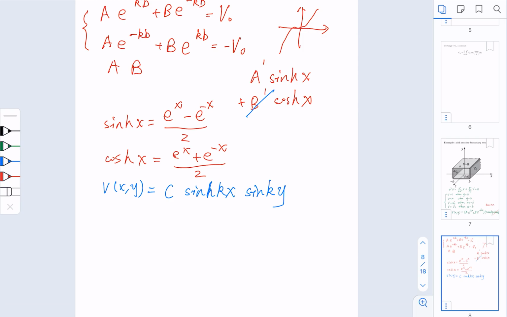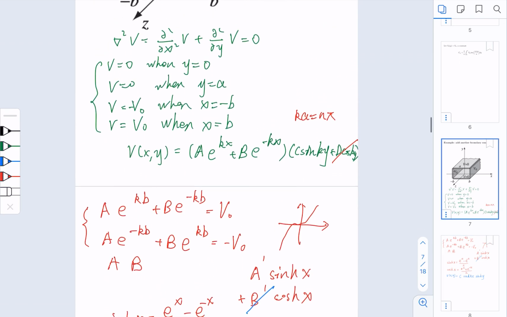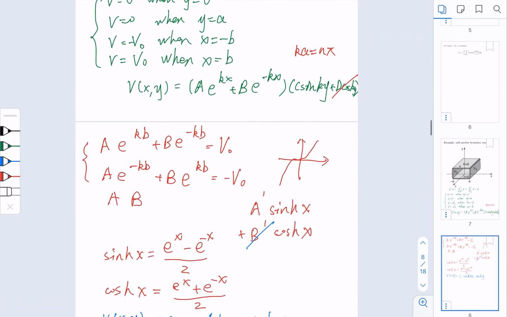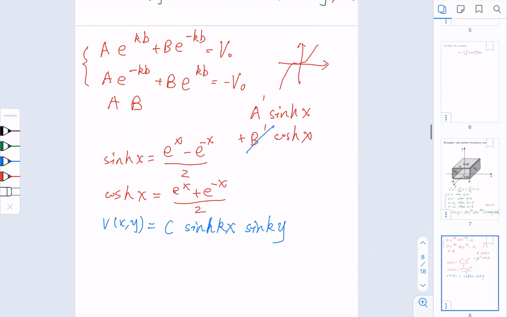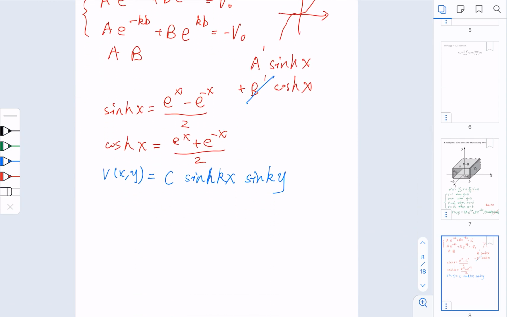Now, again, what's left over is the exact value of this v naught. We haven't applied the value of v naught yet, which is the boundary.